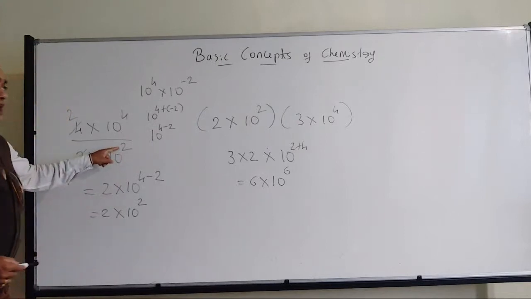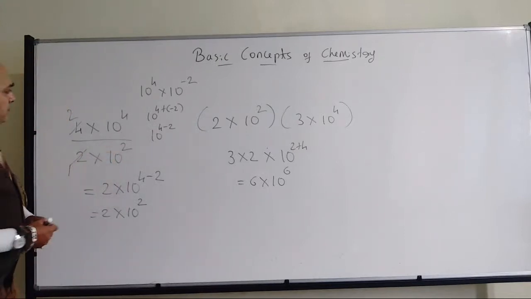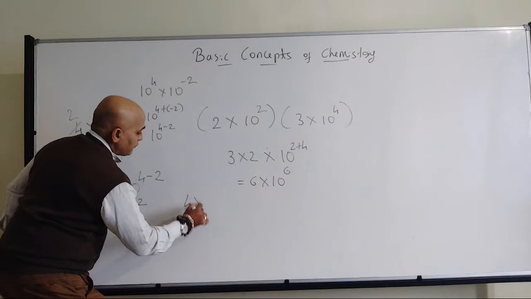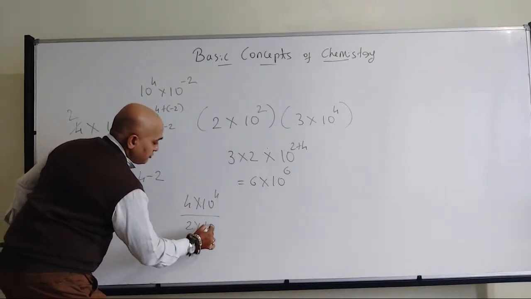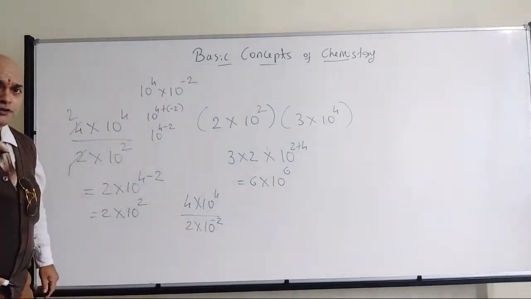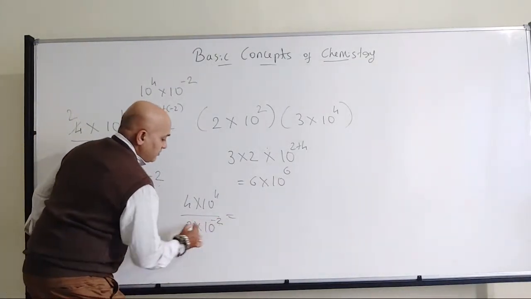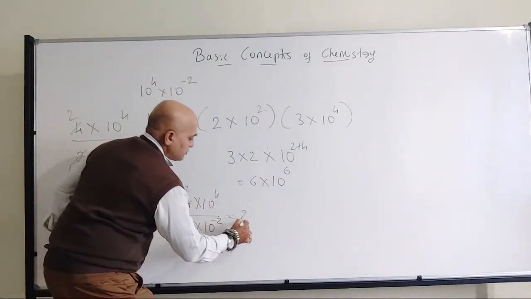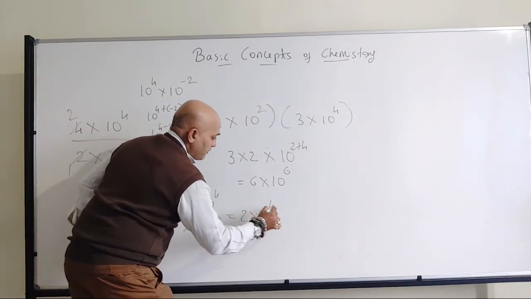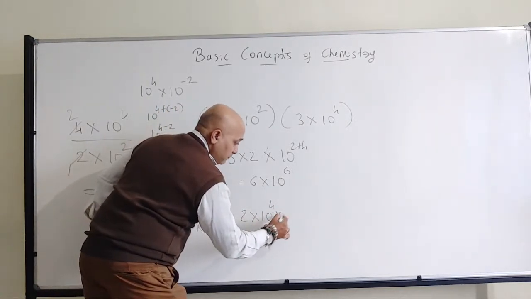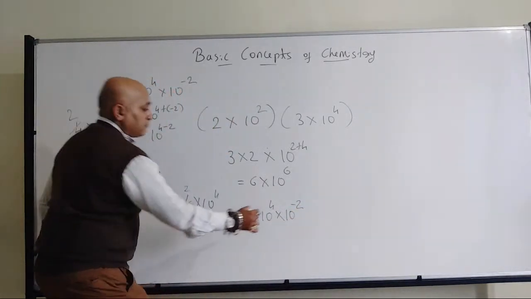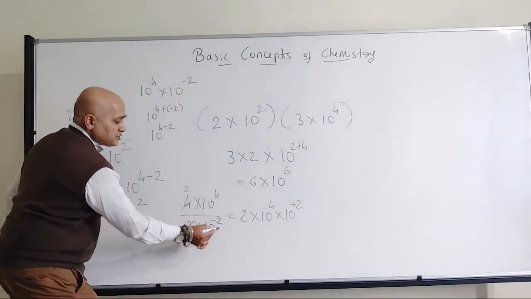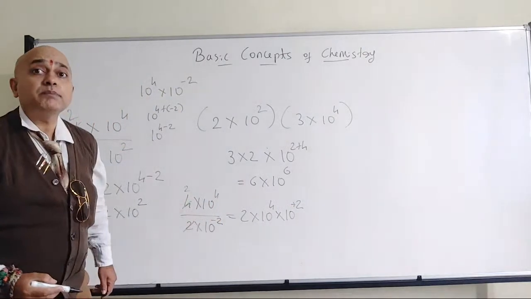If instead of 2 here, it would have been minus 2, that means 4 into 10 to the power of 4 divided by 2 into 10 to the power of minus 2. Now it will become 2 ones are 2, 2 twos are 4. So 2 into 10 to the power of 4 multiplied by 10 to the power of minus 2 becomes plus 2, because minus 2, when I take it up, becomes plus 2.